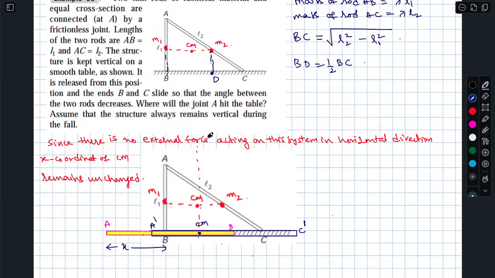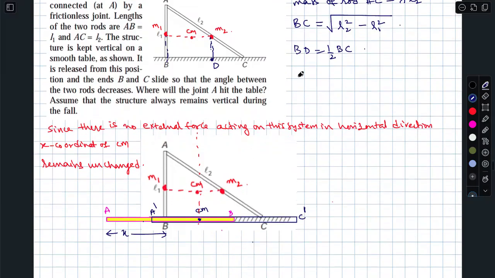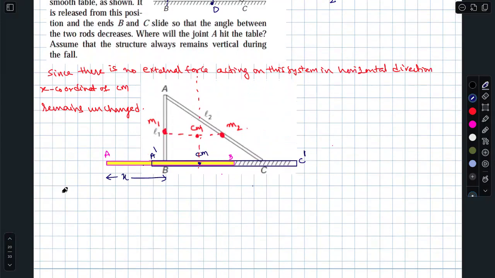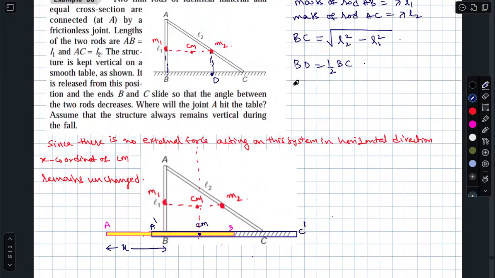Now we will take some P as our origin. Origin means x is equal to 0 of the coordinate system. Right. Now, what is the x coordinate of the center of mass?